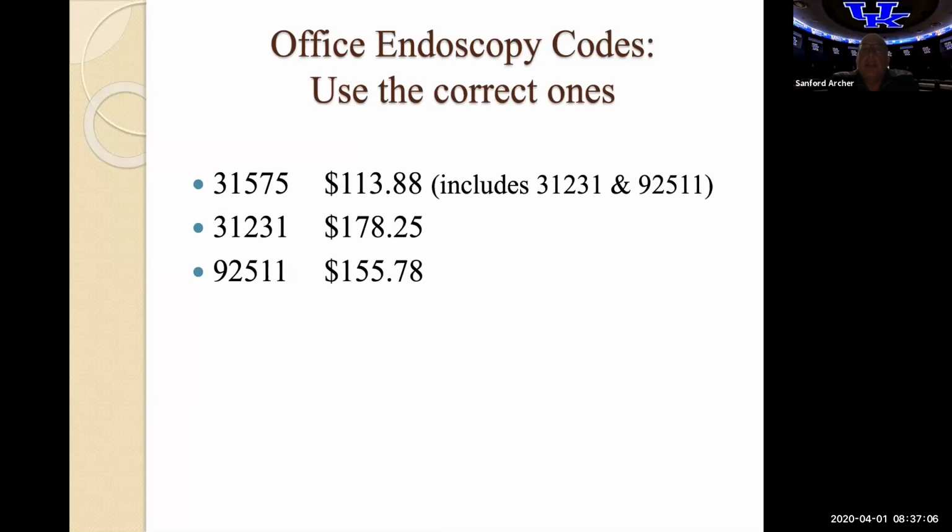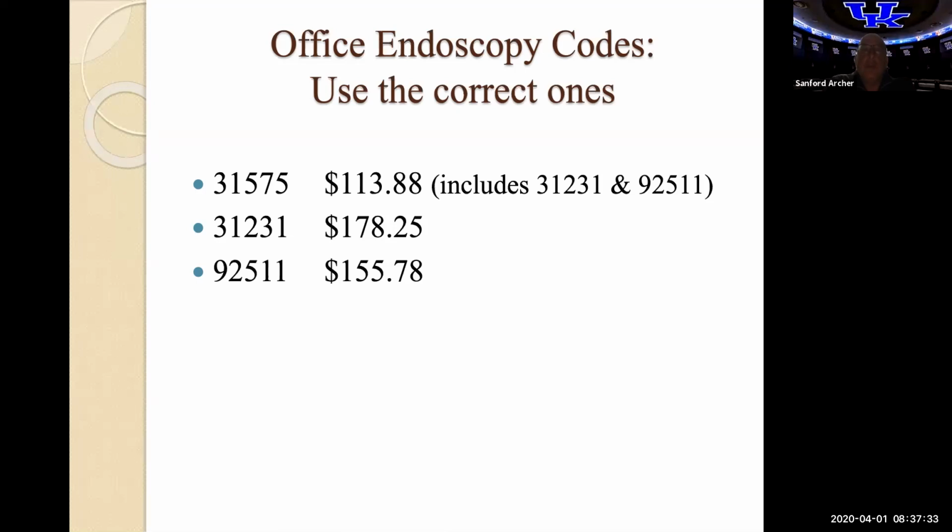For otolaryngologists, we do a fair amount of procedures in the office, and we've got endoscopy codes that are available. Most of you would recognize these codes without my listing the descriptor on it, but the 31575 is the flexible nasal laryngoscopy code. Flexible nasal laryngoscopy basically means that from the start of the procedure to the lowest level, everything that you're looking at is included in that code.